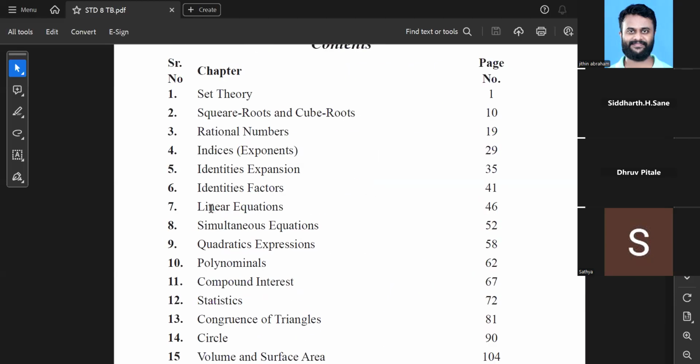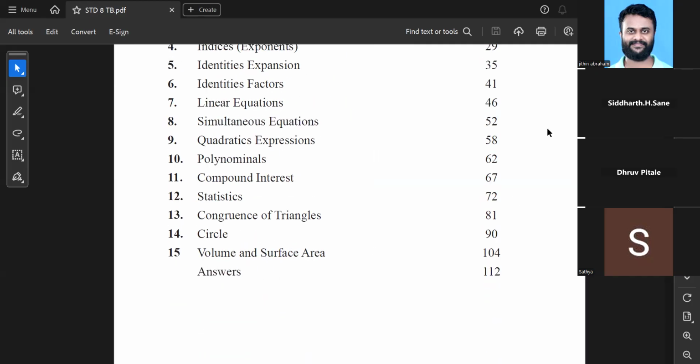So in the previous class, we were dealing with linear equations. From what I can remember, I think we have completed it. Have we completed the linear equation? Let me just check.